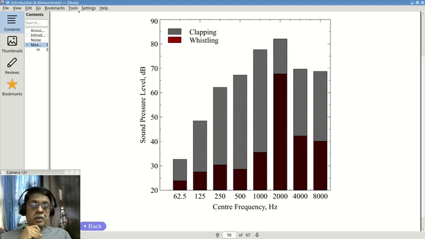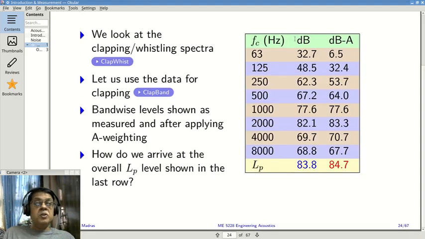Alright, okay, so fundamentally this is bandwise data. So I'm going to look at bandwise levels.